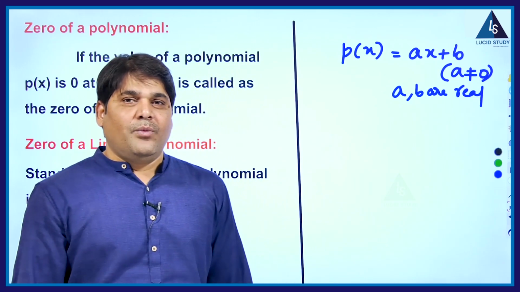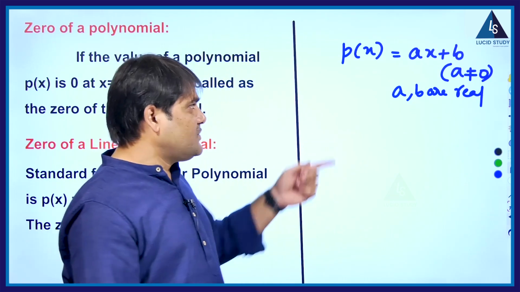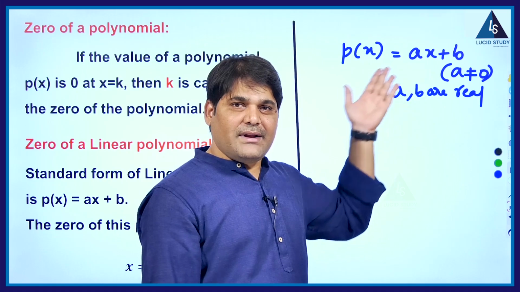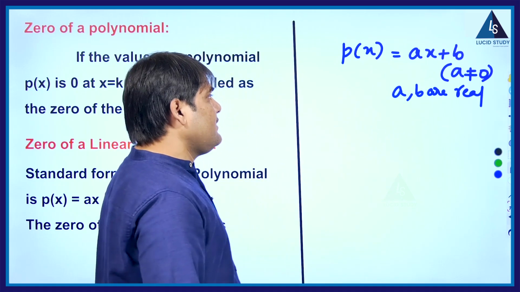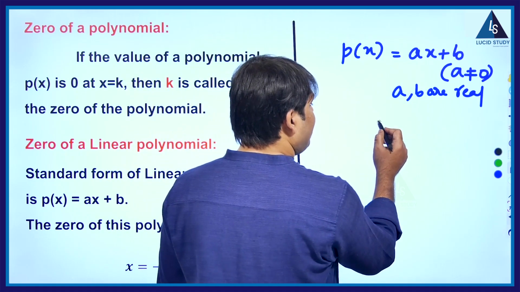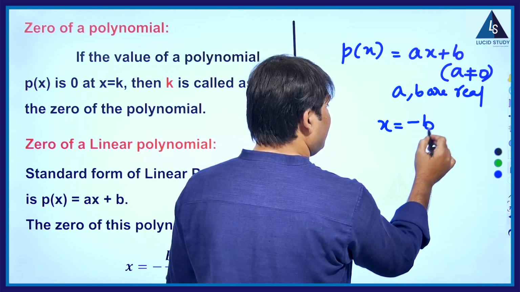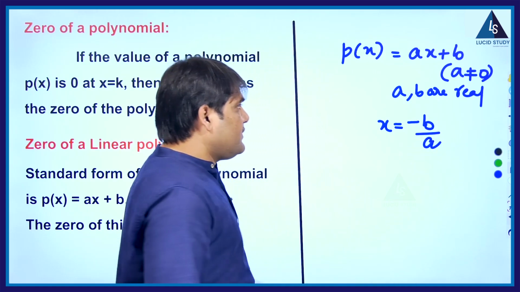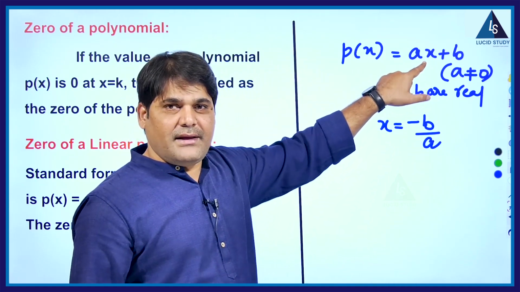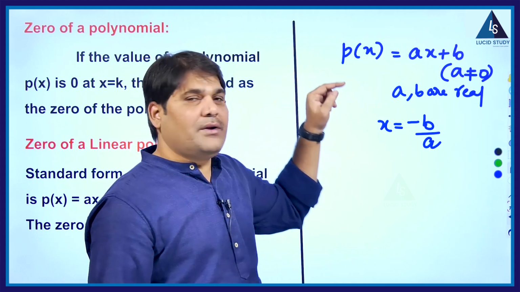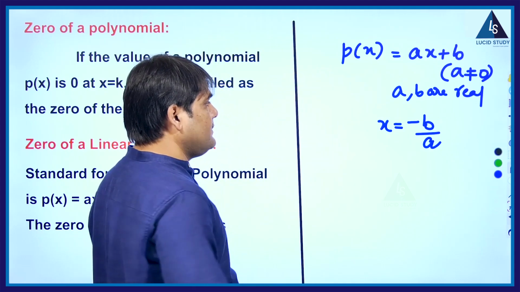Very, very important. What is the 0 of this polynomial? What value of x should I substitute so that I will get 0? That is nothing but x is equal to minus b by a. If you substitute x is equal to minus b by a here, then you will get this polynomial value as 0. Let us substitute.